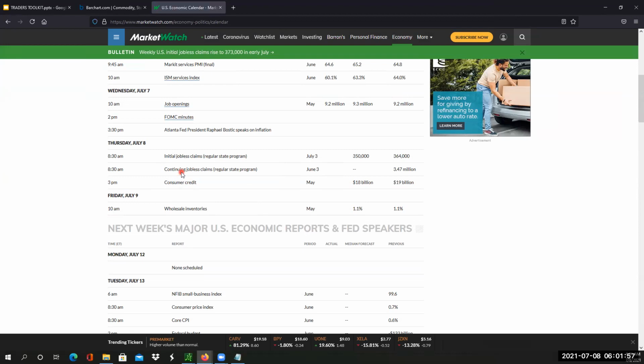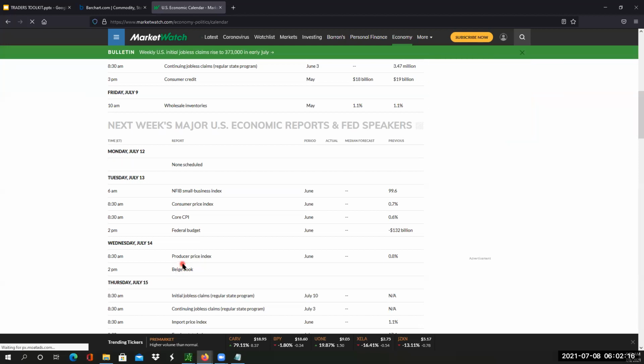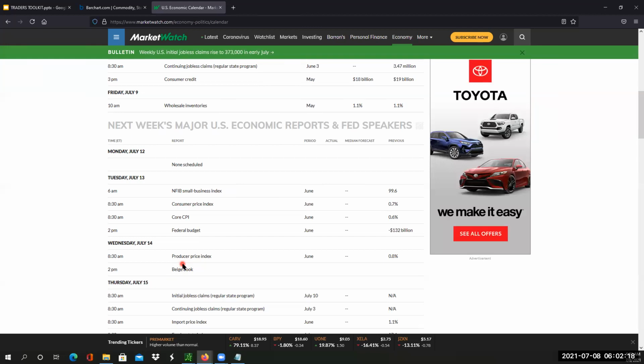So it would be a good idea for us to look for some swings, maybe midday or towards the end of the day, because our calendar is free up until the 14th. We have Powell speaking this day. It's not even on the calendar. I don't know why it's not on there, but I saw on the SPY news feed that he's going to speak this day.